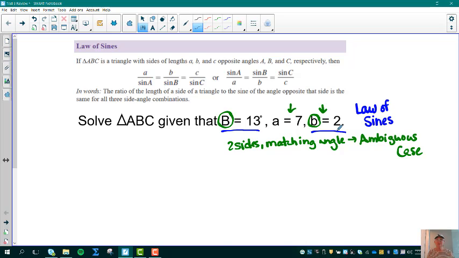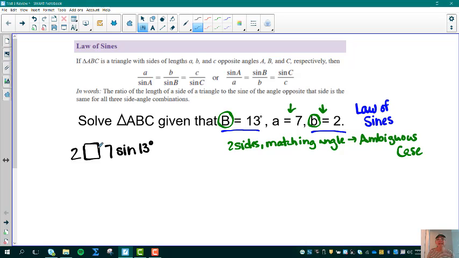And the way we will decide is we'll set up a little inequality. That inequality will be the side across from its matching angle compared with the other side times the sine of that angle. If this inequality comes out less than, that means no triangle exists.